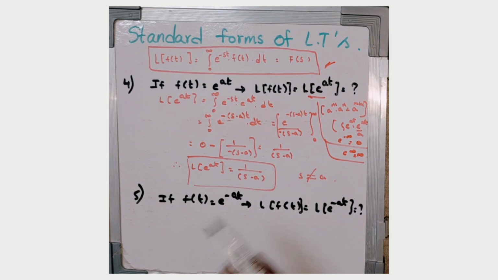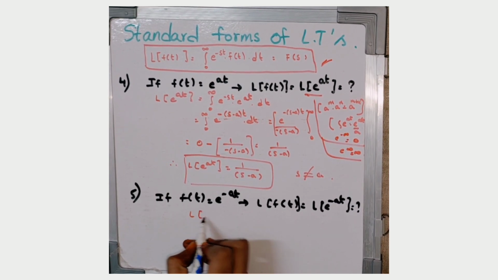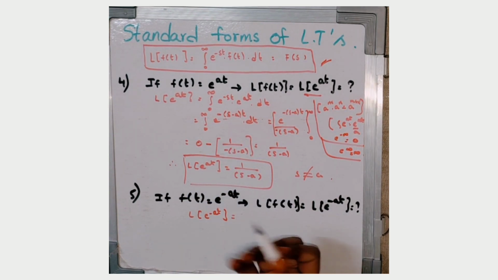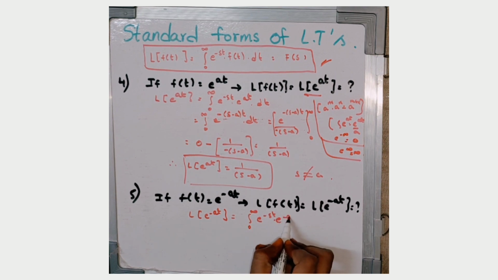Without deriving, we can write it, because it is the same step, just with a change of signs: the integral from 0 to infinity of e power minus st into e power minus at dt.